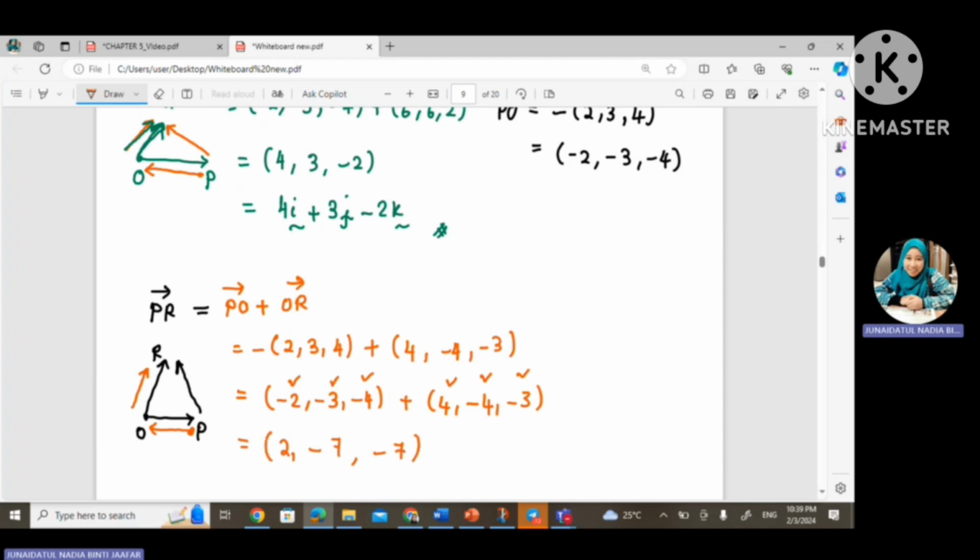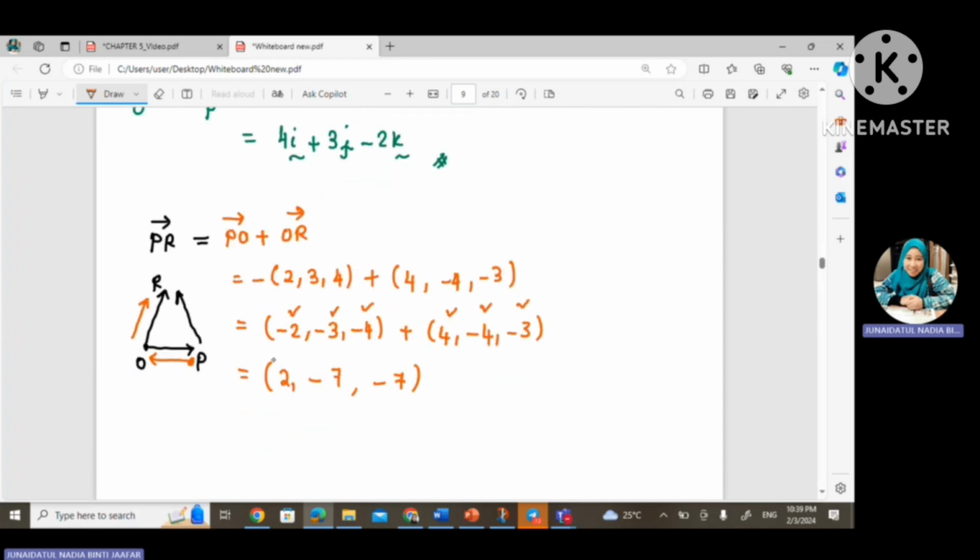We write this answer in the form AI plus BJ plus CK, which is 2I minus 7J minus 7K. So this is the answer for question A.